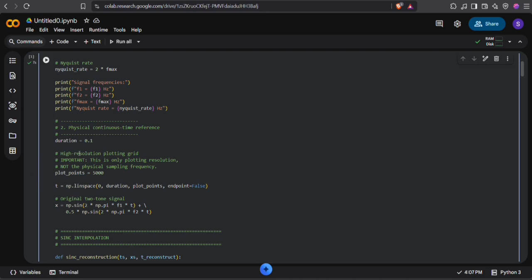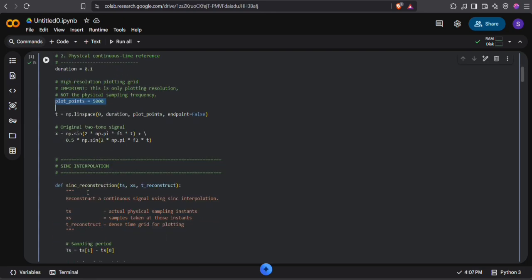Now coming to the time grid, from here the time grid code starts. Duration is 0.1, and here are the plot points. Next, I created a high resolution time axis for plotting the original continuous time waveform. I used 5000 points.